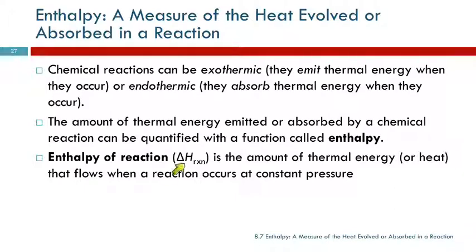Enthalpy is given the symbol H. I have no good explanation for that. Enthalpy is the amount of thermal energy or heat that flows when a reaction occurs at constant pressure. So basically, for the purposes of Chem 3A, we can think of enthalpy as being heat. If you go on to take 1A, you'll learn there's a very subtle distinction between the two.